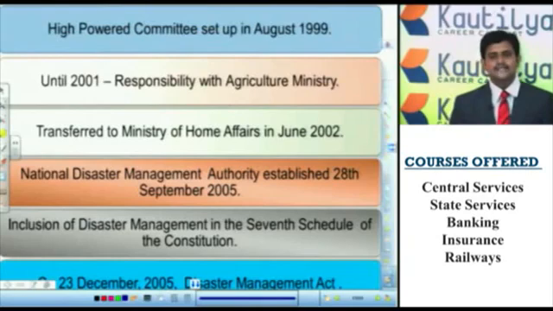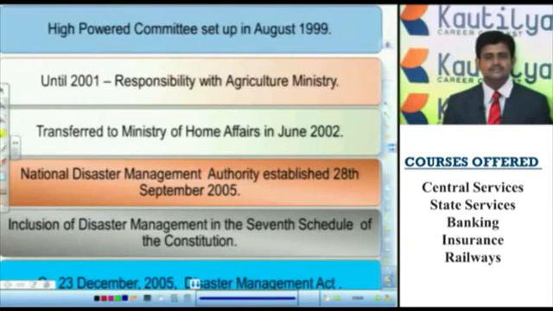And next, in the year 2005, on January 23rd, the Union government passed an act called the National Disaster Management Act. This act led to the formation of the National Disaster Management Authority. In this, an integrated structure of disaster management was established. That means the National Disaster Management Authority, the State Disaster Management Authority and the District Disaster Management Authority.